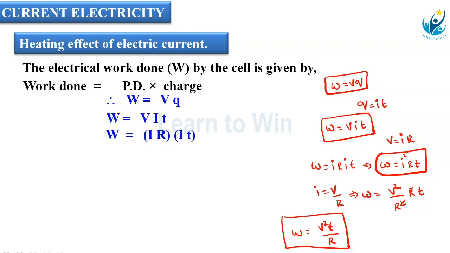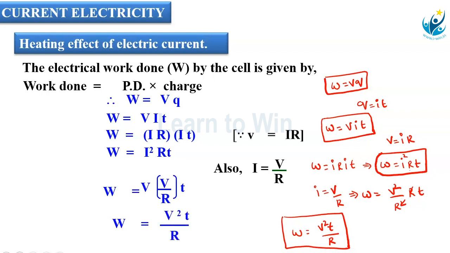But V is equal to IR, means W equal to I square RT. Again, from the same expression, I is written as V by R. Then W is equal to V square T by R. These are all the formulas for work done by the cell.